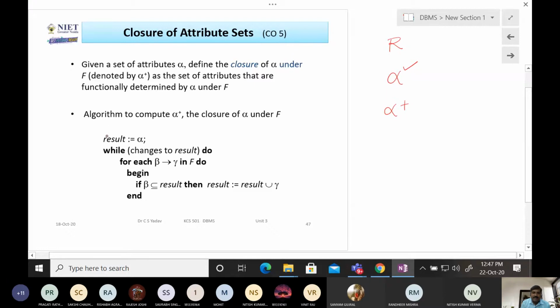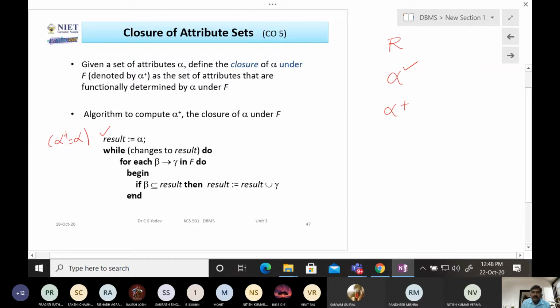Through this algorithm, generally we calculate the candidate key of R. In this algorithm, we use a nested loop. First, we initialize the result variable with alpha, the closure of alpha. In place of this, you can write the code alpha plus equal to alpha. So first we store alpha into alpha plus. Now, until no change occurs in alpha plus, we will repeat this process. And what is the process?